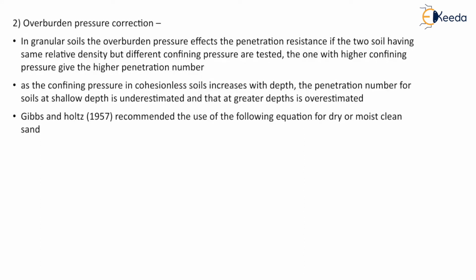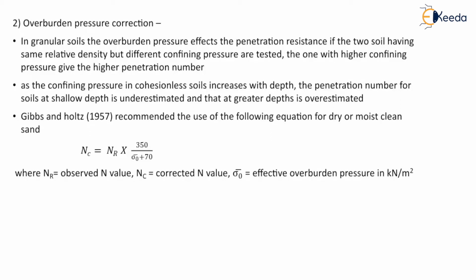Gibbs and Holtz in 1957 recommended the use of the following equation for dry or moist clean sand. Nc is equal to NR into 350 divided by (sigma naught bar plus 70), where NR is the observed N value, Nc is the corrected N value, and sigma naught bar is the effective overburden pressure in kilonewton per meter square.